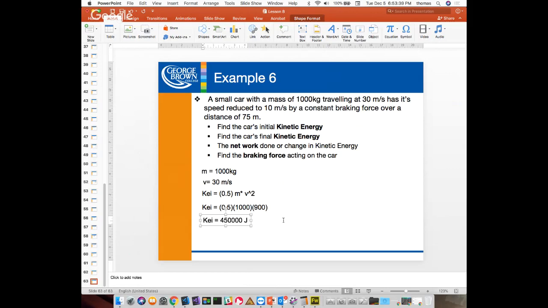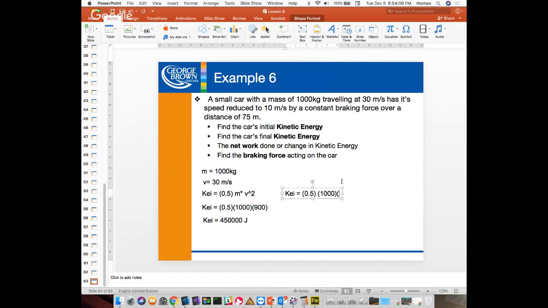All right. The speed is reduced to 10 meters per second. So from 30 meters per second, it's reduced to 10 meters per second by a constant braking force. Okay, cool. So we're going to copy this and put it over here. We put 1/2 mv squared again, but the mass is the same, so 1,000, but the speed goes down to 10.